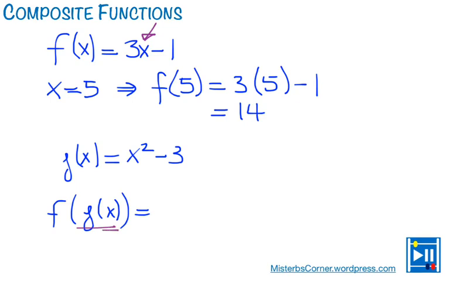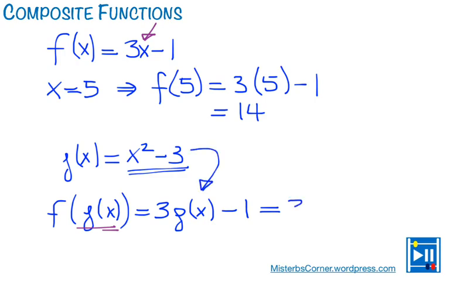That is going to be now 3. Instead of x, I'm going to write g of x. Yeah? 3g of x minus 1. But I know what g of x is, so I'm going to write down that expression for g of x.